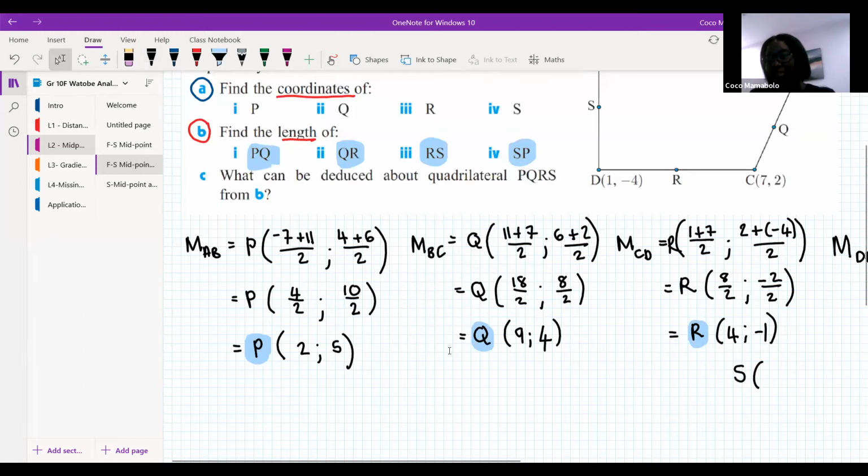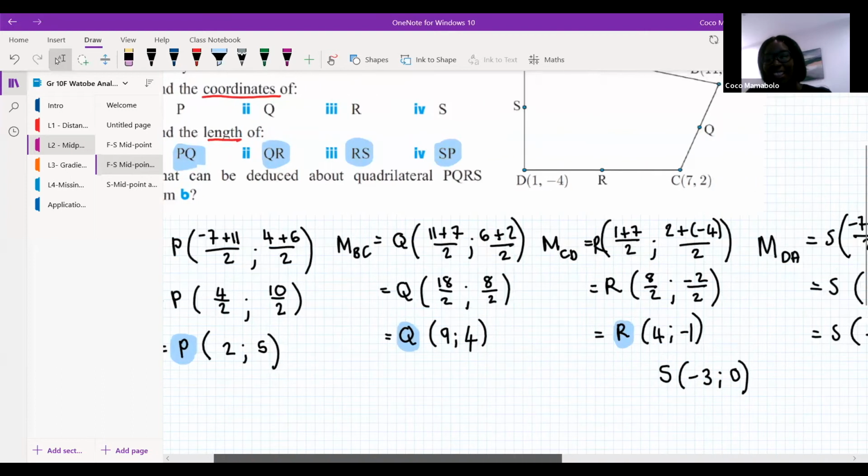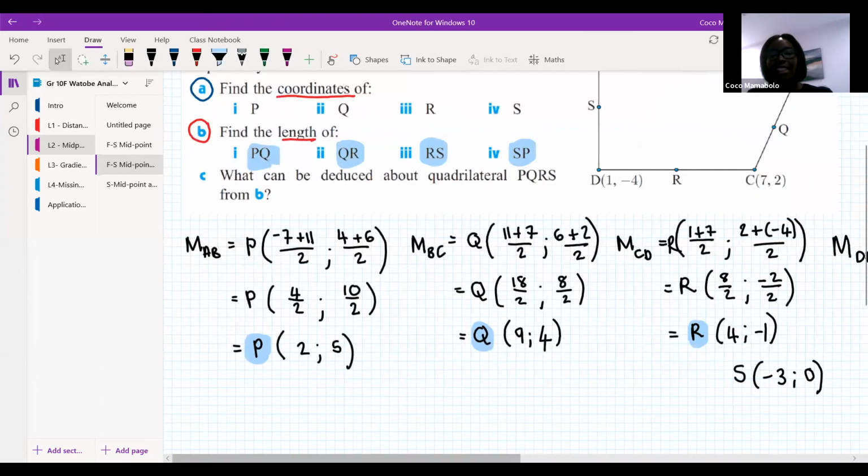I didn't know if you did it on purpose. I've been watching, trying to decide. I actually did, but here is the answer for S, and you'd probably be looking for it. Yeah, S is -3 and 0, so you can use that. Oh, not that one. You guys are looking for different things. All right.